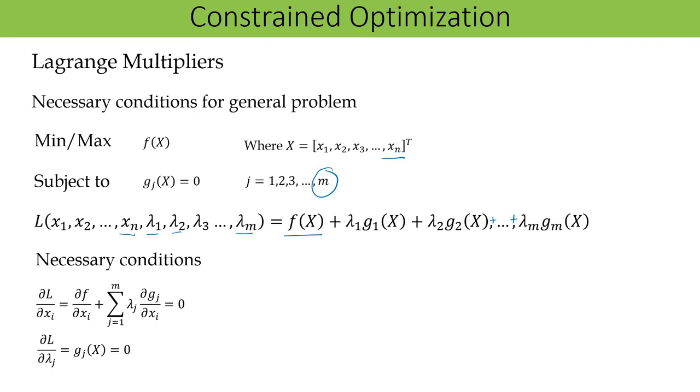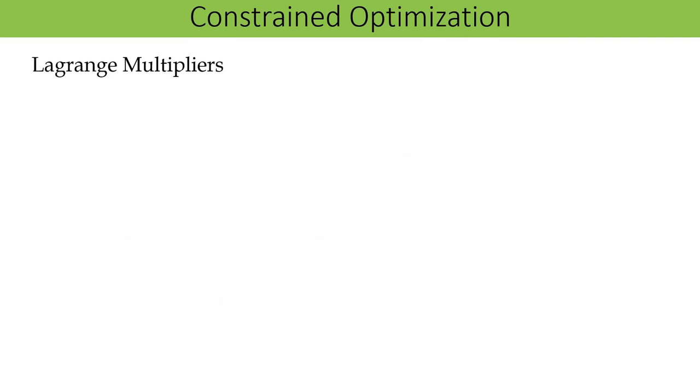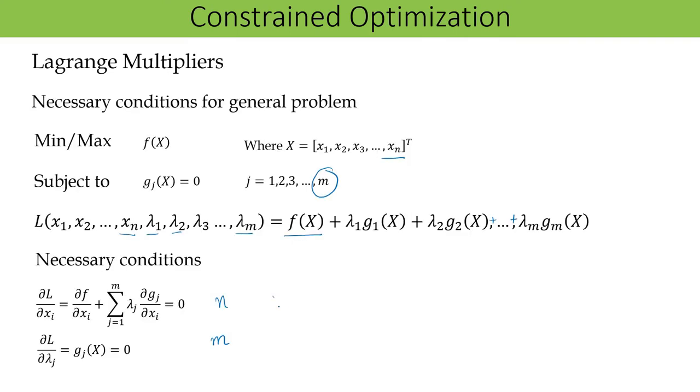How many equations do you get here? The total number of equations here is m. So here you are getting n equations, and here you are getting m equations, so the total number of equations is n plus m.